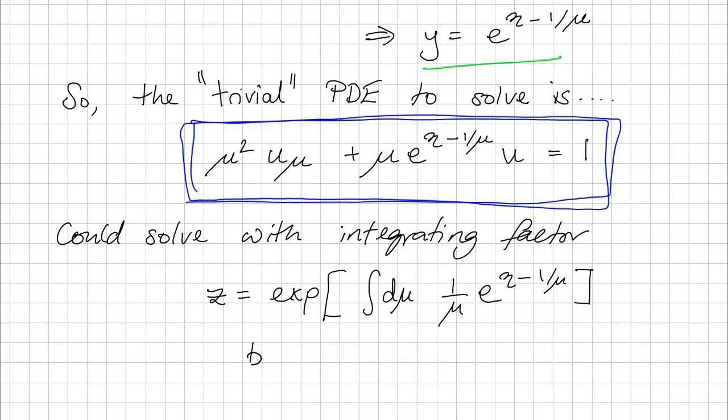But we're not going to do that basically because this is nasty. Okay, you can have a go, but it's kind of gross. Okay, so what we've done here is we've used the change of variable technique to go from a linear first order PDE, for which the solution wasn't obvious, to this trivial PDE, which at least in principle we can solve and get the general solution.